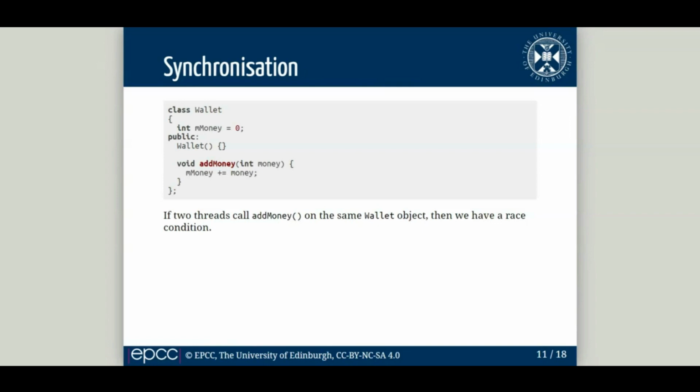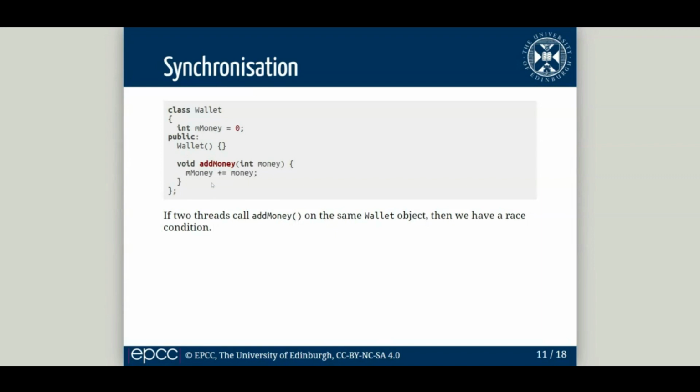It is when several threads try to modify the same value in memory, the same variable. So here we have a class Wallet, and here we have money. It's an integer, because imagine that you have £1 coins, so you don't have floating point numbers here.